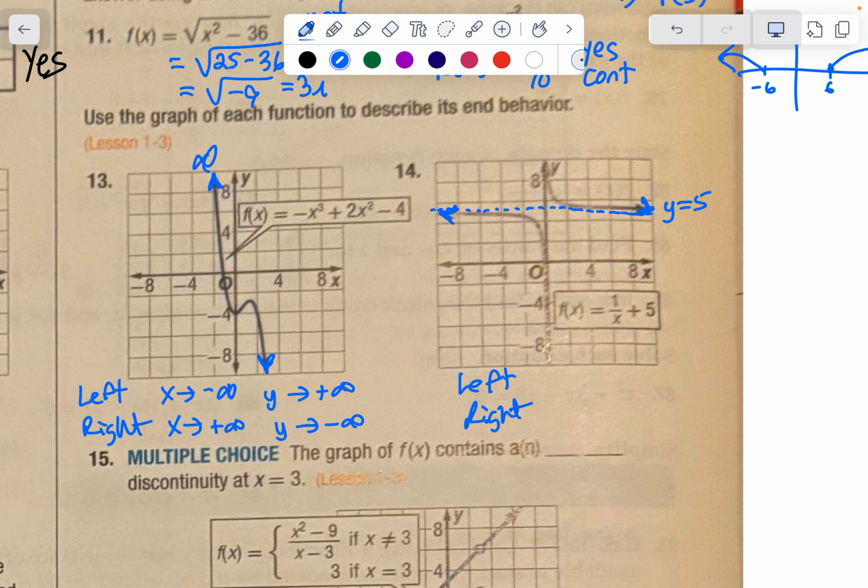And so this is a unique one. As x goes to negative infinity, the y is heading to 5. As x goes to positive infinity, the y is heading to 5. So the ones that have like the two pieces heading outward, you're heading to a value, in this case 5. So that's that.